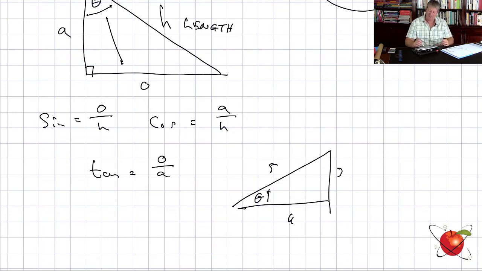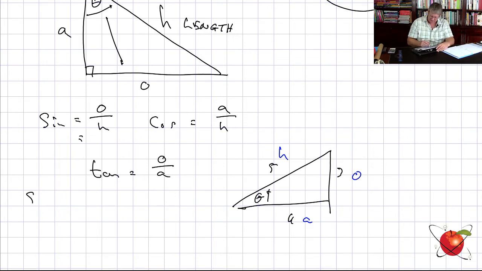So what did I say? Let's find opposite, hypotenuse, and adjacent. Hypotenuse, opposite, adjacent, and hypotenuse. Well, now we say to ourselves, okay, cool. Then what is sine theta?